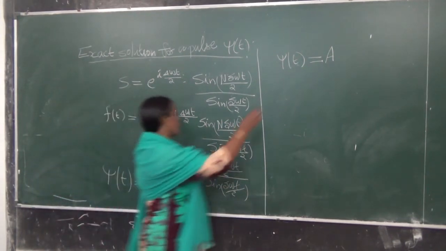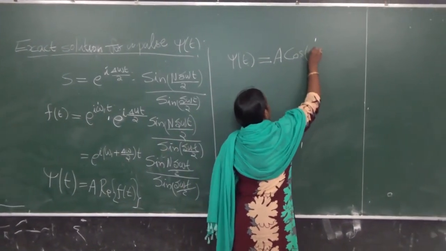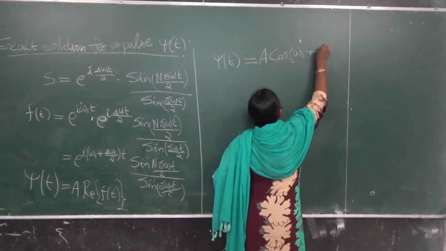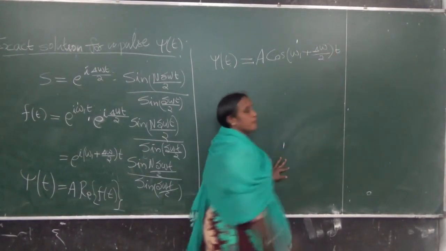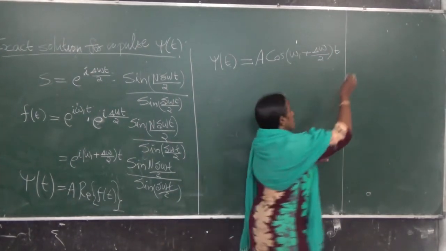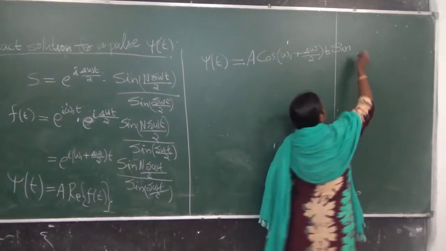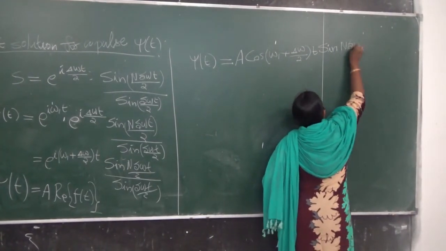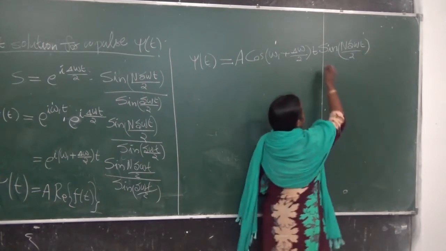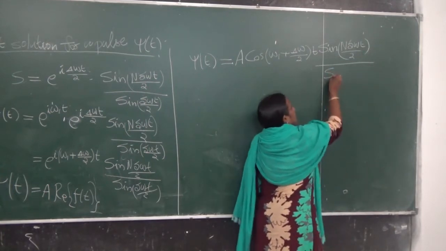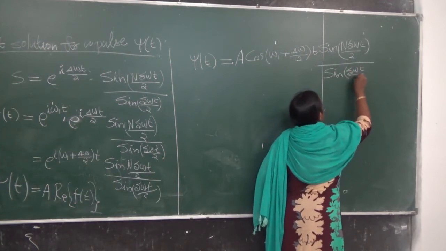So I am writing that term here: a cos omega 1 plus delta omega by 2 into t, then sin n delta omega t by 2 divided by sin delta omega t by 2.